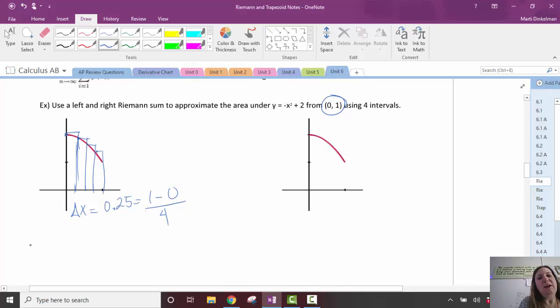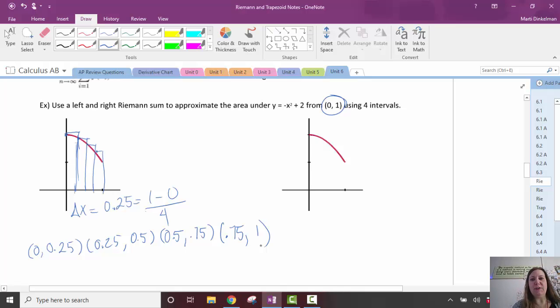My brain likes to write out the intervals: 0 to 0.25, and then 0.25 to 0.5, which would be my second rectangle. The third rectangle goes from 0.5 to 0.75, and finally 0.75 to 1.